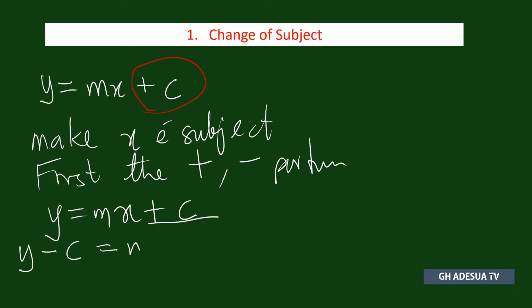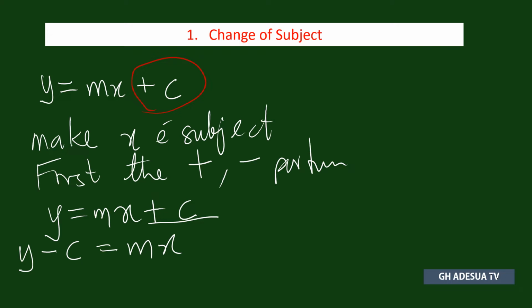Meanwhile, on the right hand side, we have only the mx which is left. So y minus c is equal to mx. That's our first step: you deal with the addition and subtraction bit. Now, looking at mx, m is attached to x because of a multiplication sign, although we do not write it.